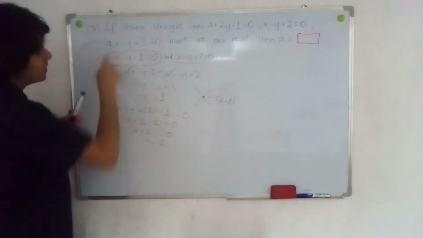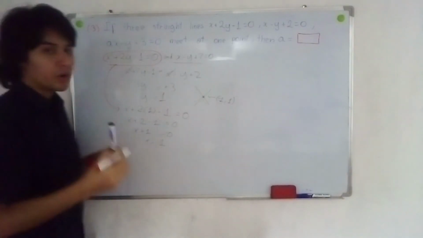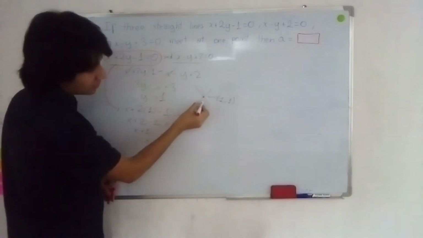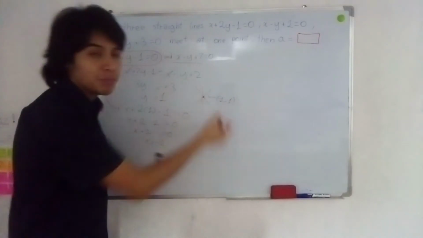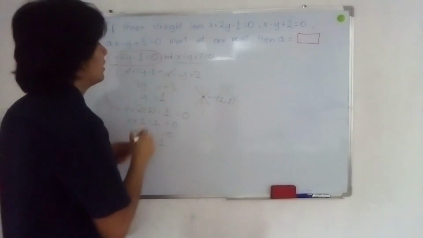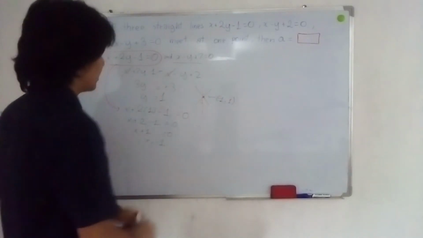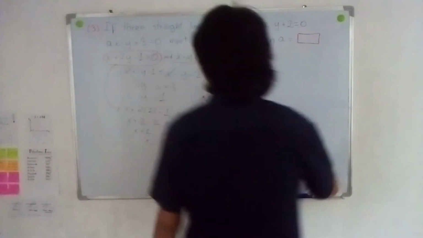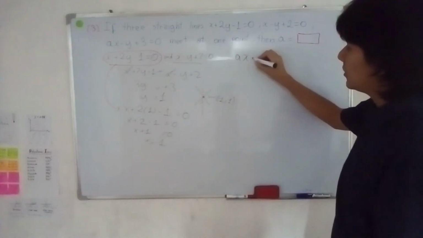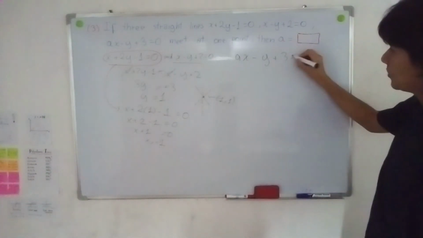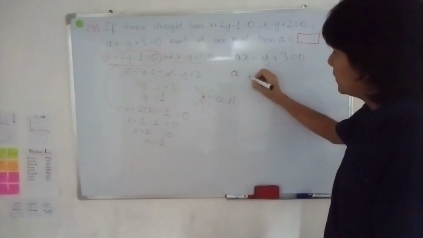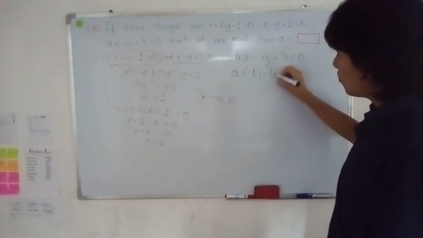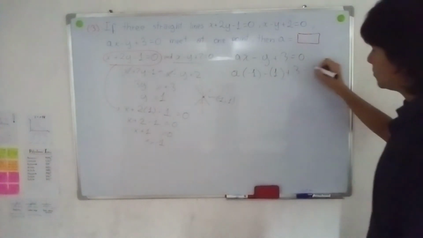So this third line is at the same point where these straight lines meet. Yes. So it's the same because ax minus y plus 3 is equal to 0, with x is minus 1 and y is 1: minus a minus 1 plus 3 is equal to 0.